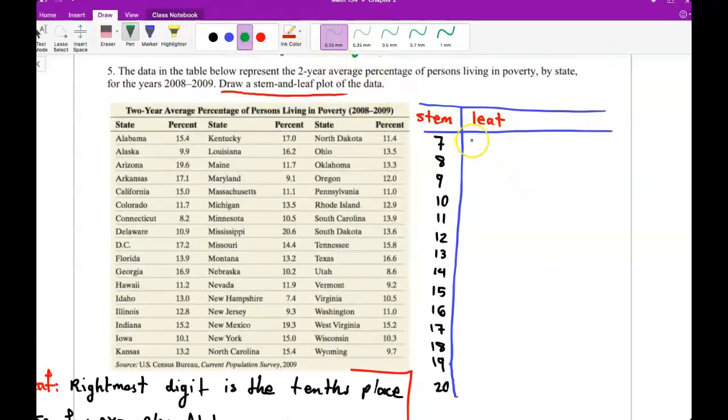Okay, now writing what we have here on the right. So this one is 7. We should find how many 7s we have here. Here is 7.1, so that's the only one we have, and the rightmost digit is 1.